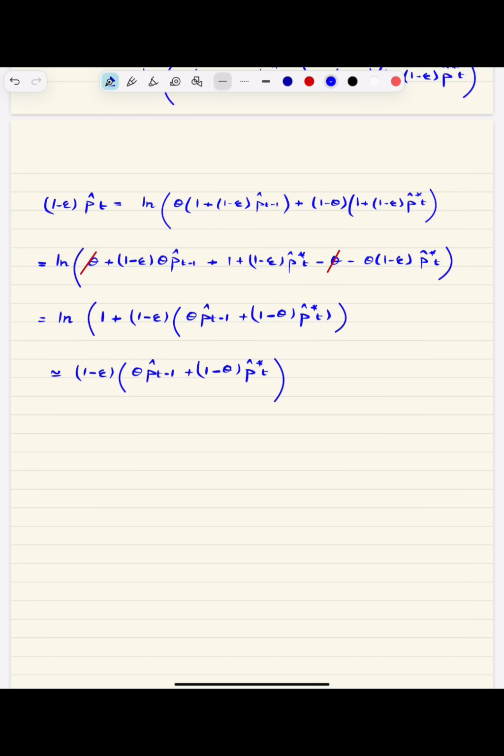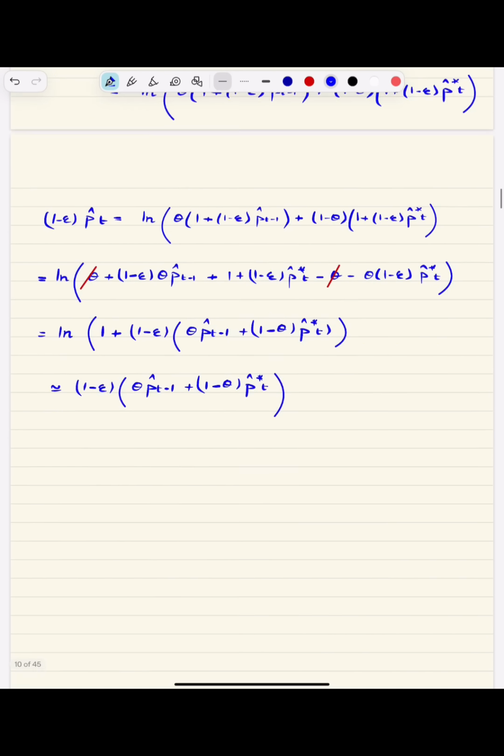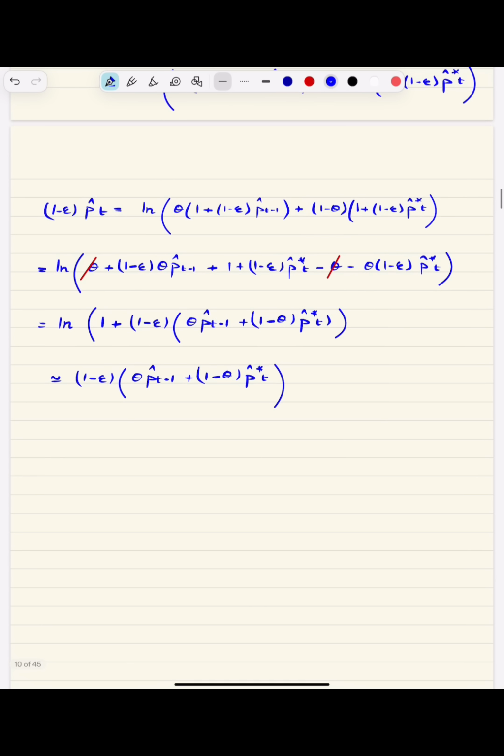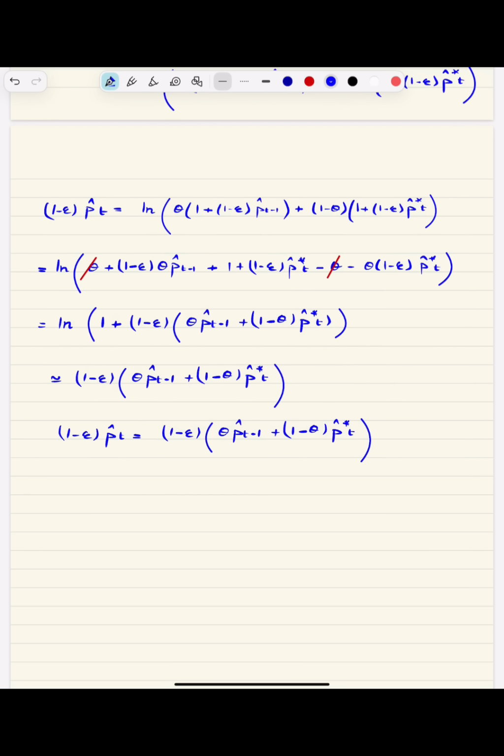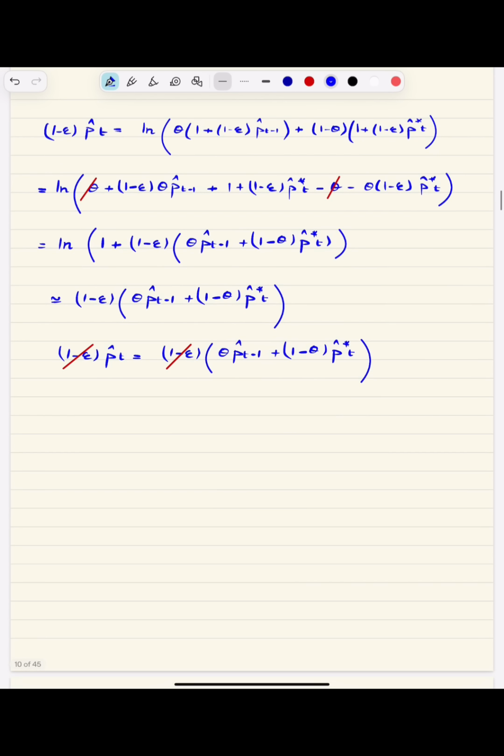So we just ended up with the linearized version of our price index. We had 1 minus epsilon p-hat_t, which is the deviation of price from its long run level. The 1 minus epsilon gets cancelled out, and then we're left with p-hat_t equals theta p-hat_{t-1} plus 1 minus theta into p-hat star_t.